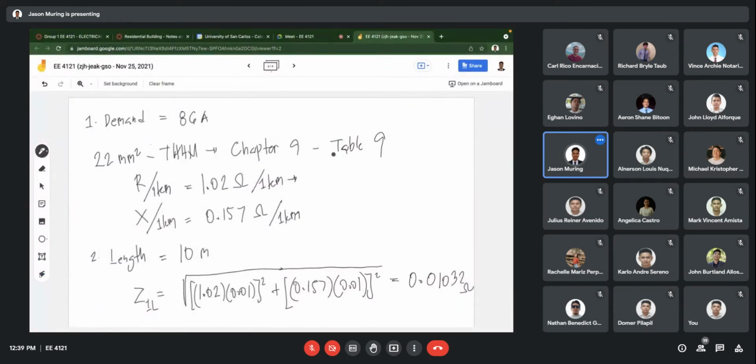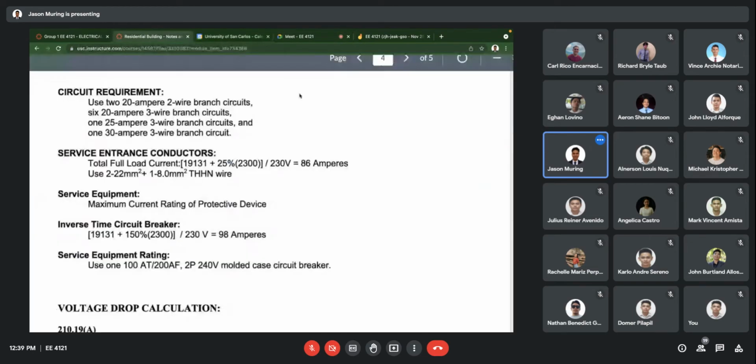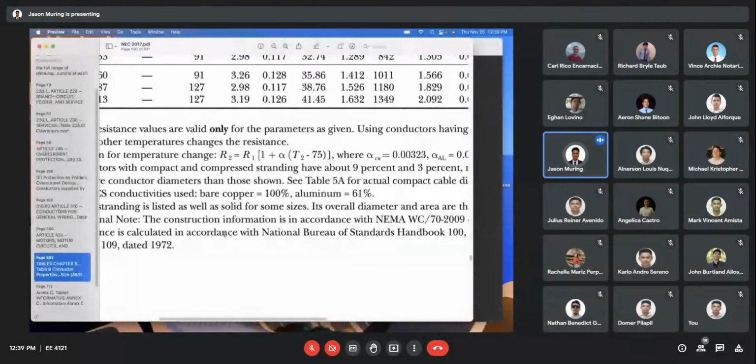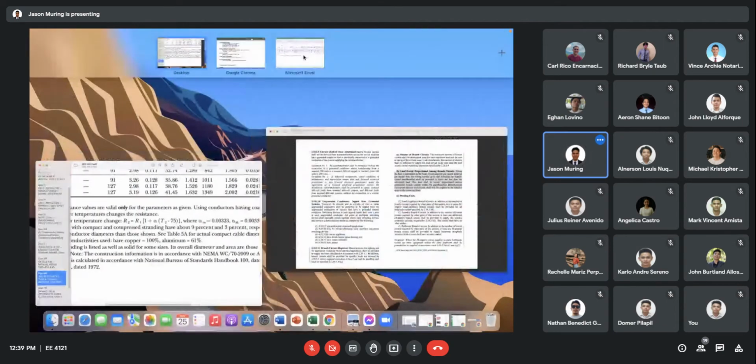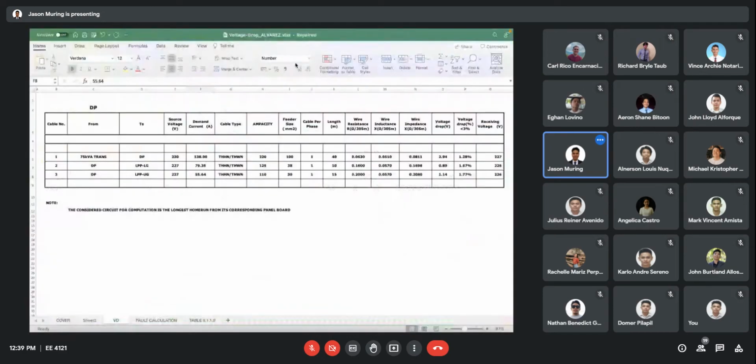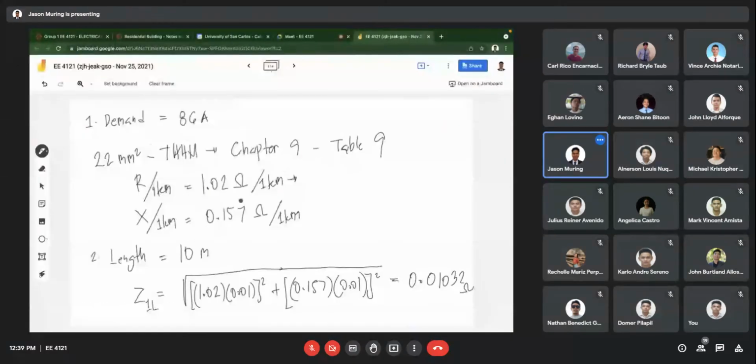If we use the formula, 1.02 becomes: 90 minus 75 times this factor, 0.00323, plus 1, times R1, where R1 is the value at 75 degrees, 1.02.